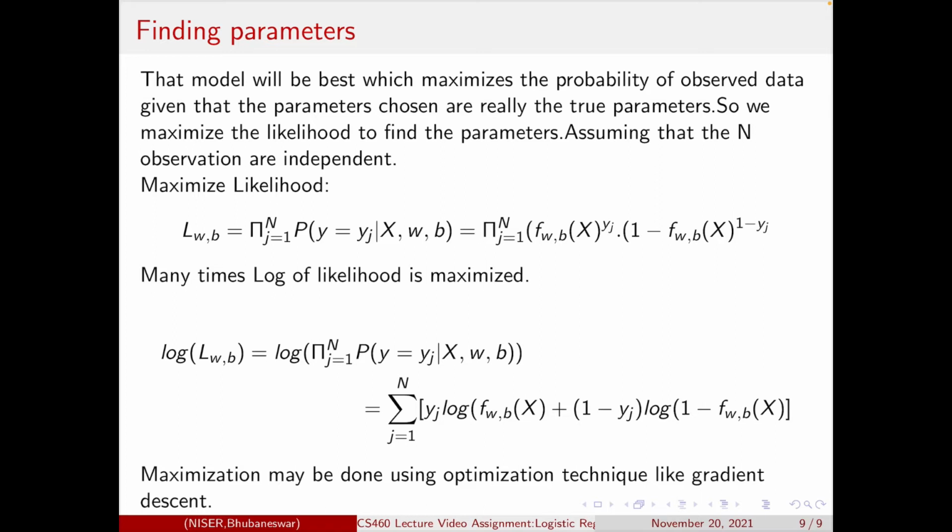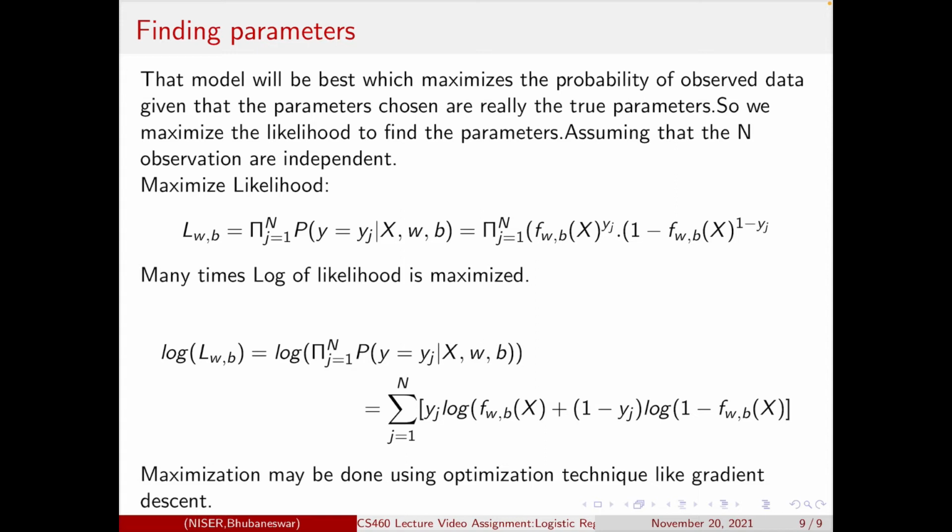minus yj. For computational ease, the log of the likelihood is taken and that log likelihood is maximized. If we take the log, this product will be converted to a sum. So it will be simply the sum of yj into log of f of wb plus the sum of 1 minus yj into log of 1 minus f of wb.